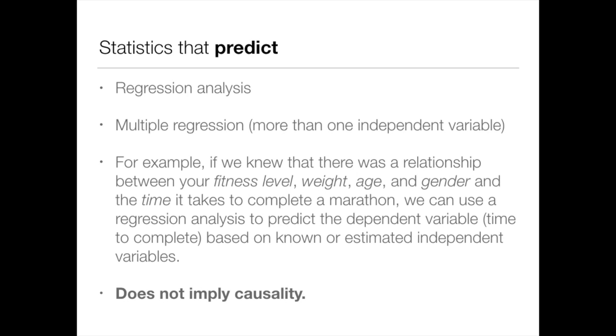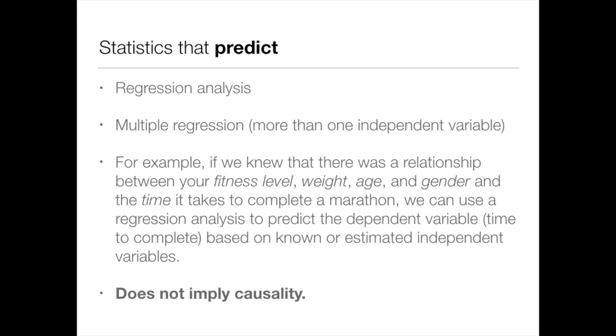So if we can estimate your fitness level, your weight, your age or your gender, we can then use that to predict the time it will take you. Now, that could deviate, and that's called error. So let's say we put all this in and predicted that it would take you 6.5 hours to complete a marathon, and you actually completed it in 6 hours, right? Then that's called error. We were a little bit wrong on that.